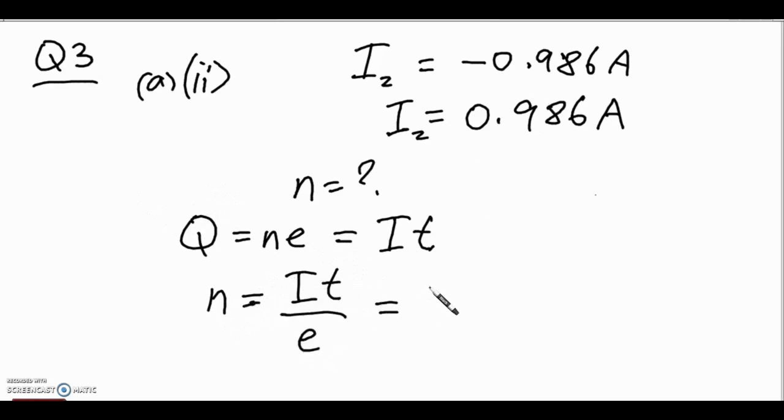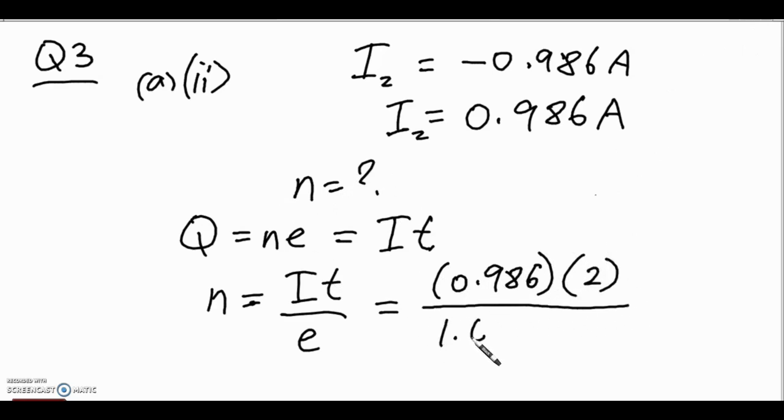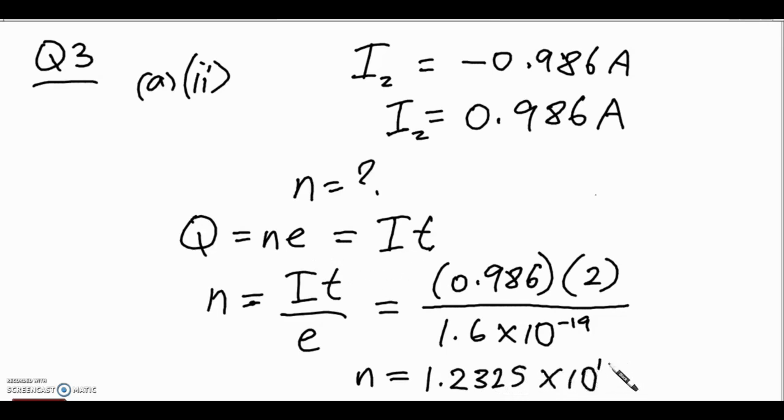Okay, so we substitute current 0.986 times time 2 seconds, divided by the charge 1.6 times 10 power negative 19. So we will get the answer 1.2325 times 10 power of 19 electrons.